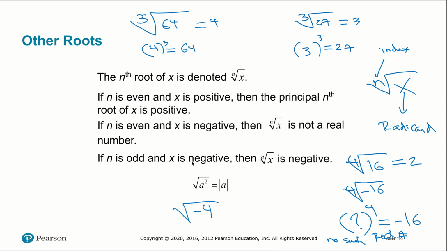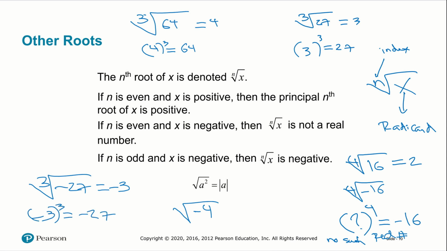now if n is odd and x is negative, then the nth root of x is negative. So for example, if you take the cube root of negative 27, that's well defined. Remember, odd indices don't create the same problem as even ones. This is well defined and it's just negative 3. Why? Because think about it. What's negative 3 cubed?